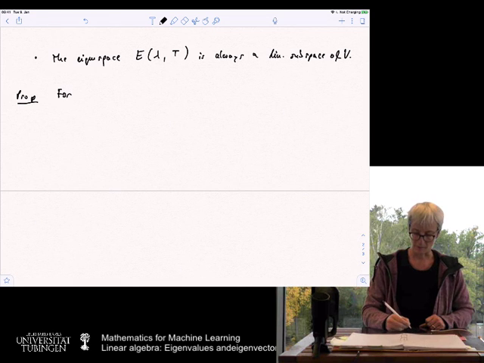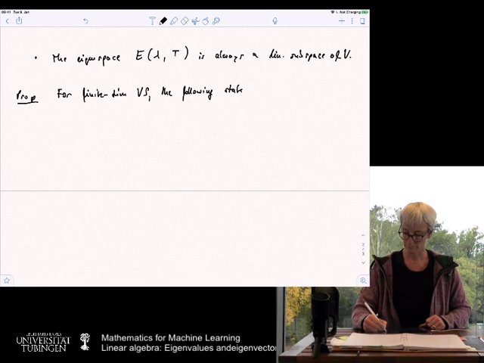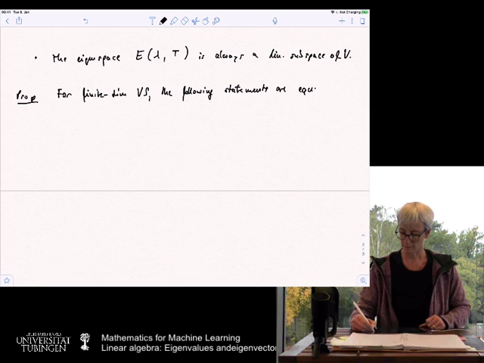For a finite dimensional vector space, the following statements are equivalent.